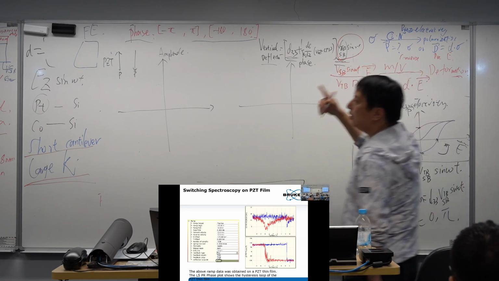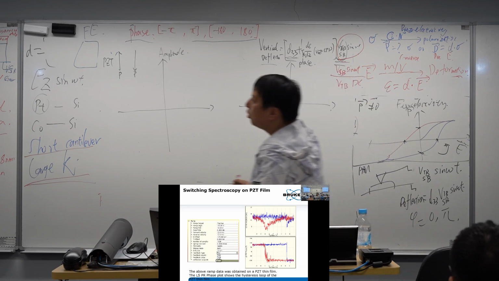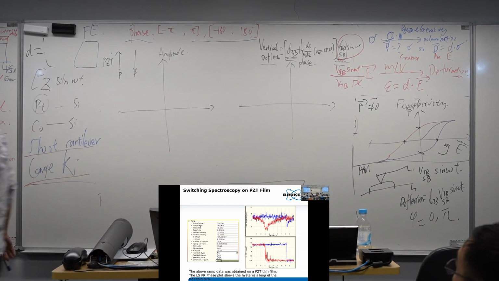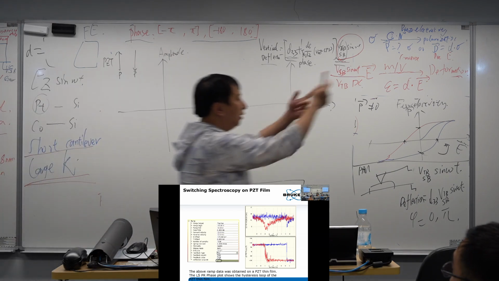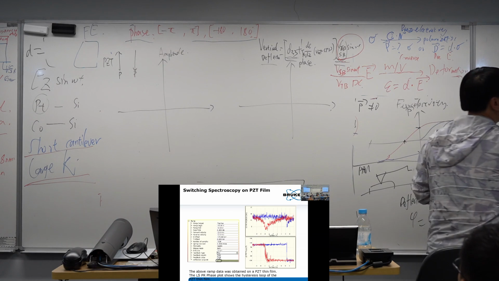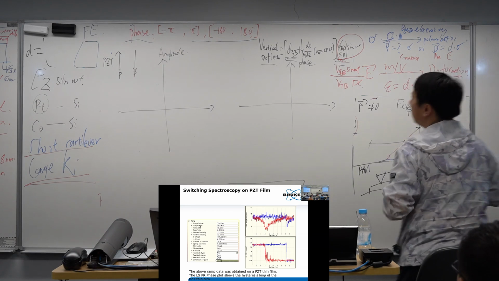Okay, that's the experiment setup. Usually we apply the AC bias on the sample, and then the tip bias is free for us to apply DC voltages.